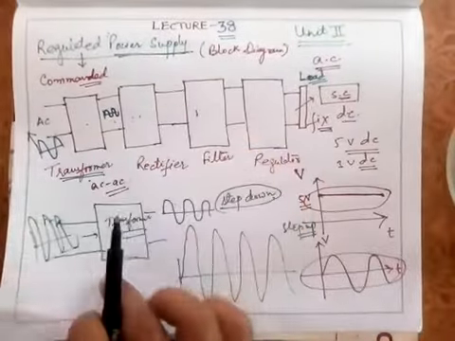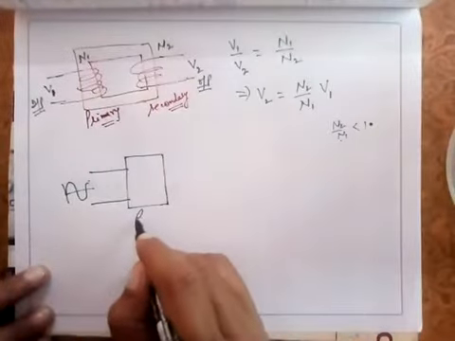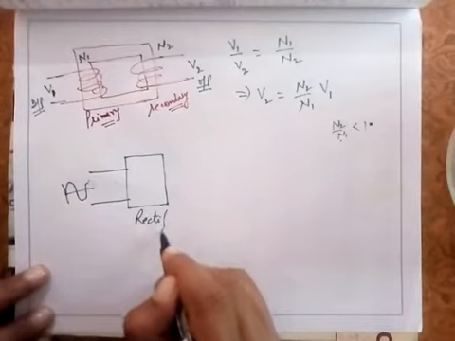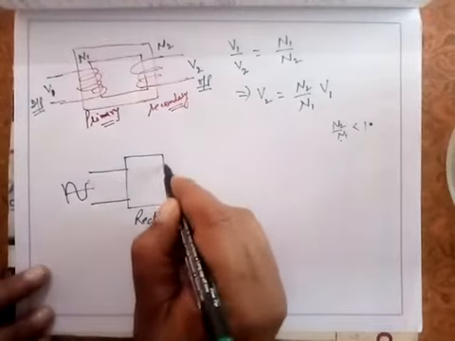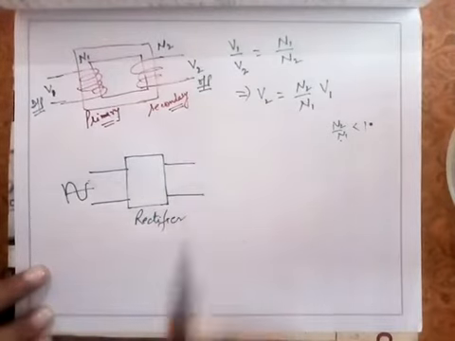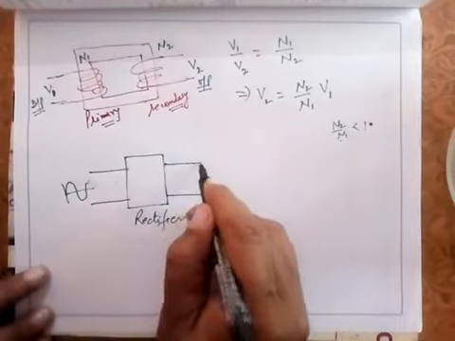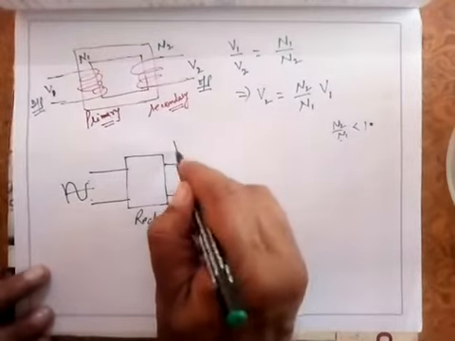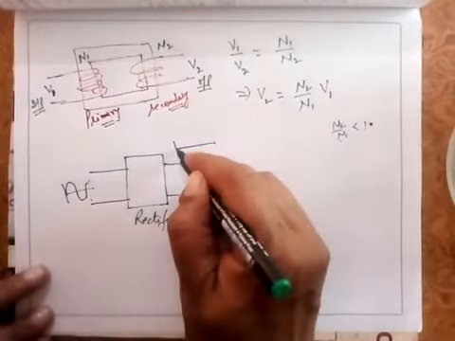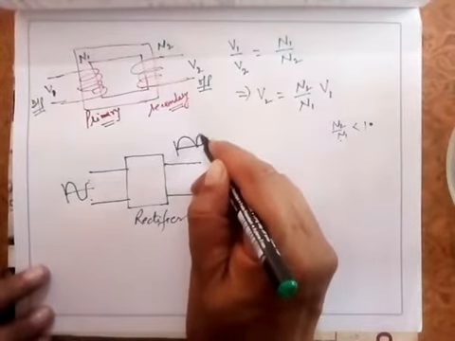I am taking only this section here. So this is your rectifier. The application of this rectifier is to convert this AC, not into pure DC, but into this type of DC, a pulsating DC.